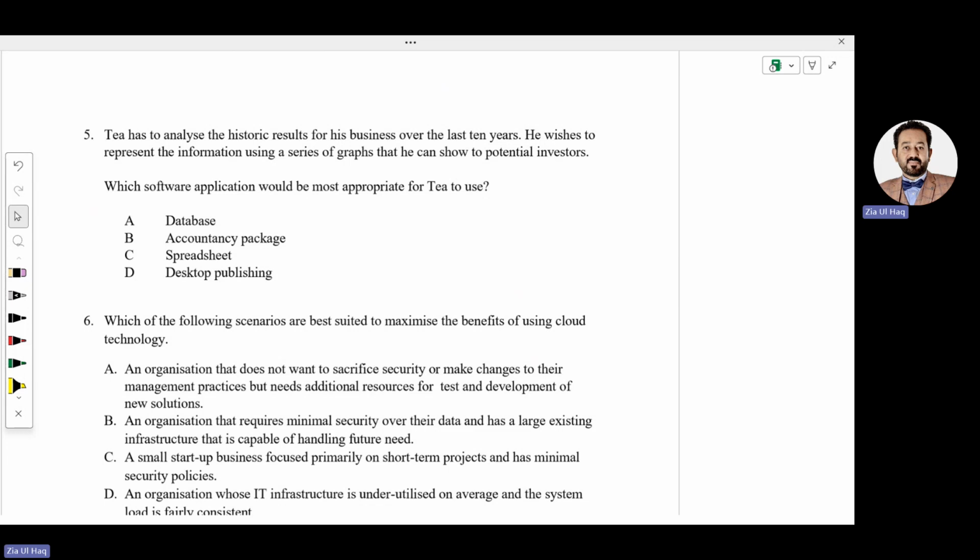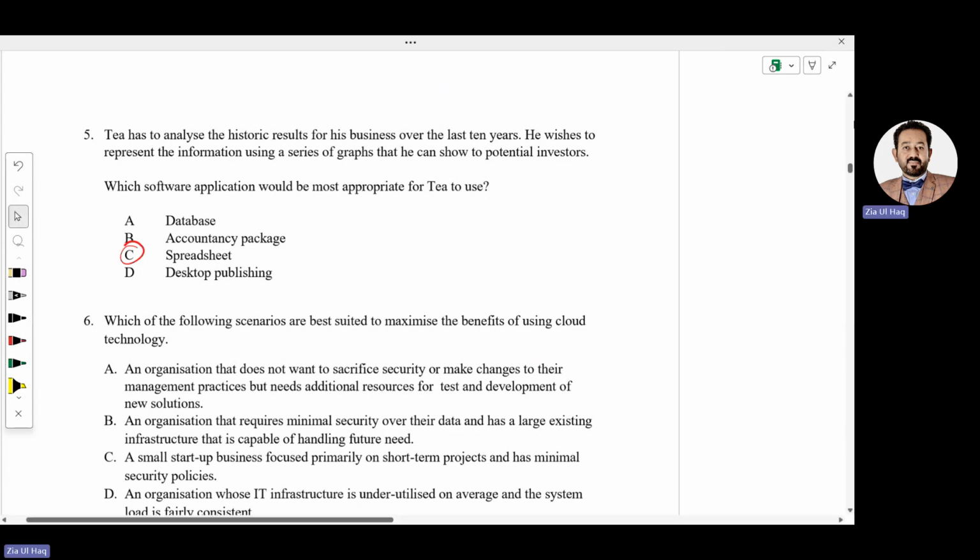Which software can we use to analyze data by using graphs? Meaning we can prepare graphs as well. Database? No, in a database we only store the data. Accounting package? This is used for accounting. Spreadsheet. Desktop publishing? No.